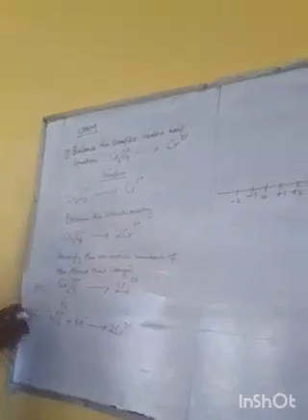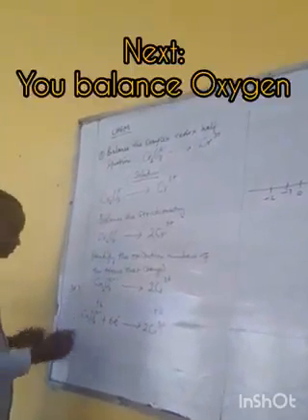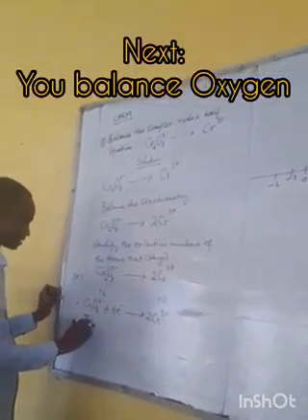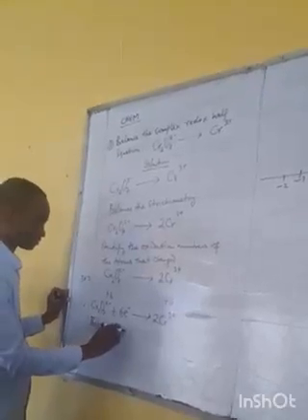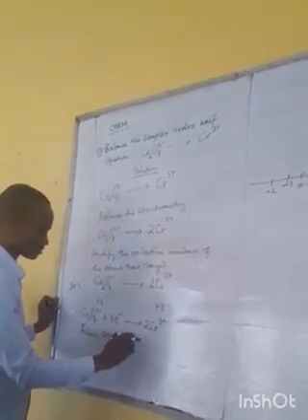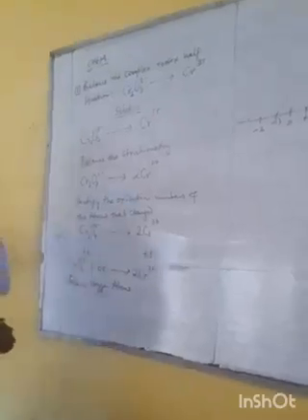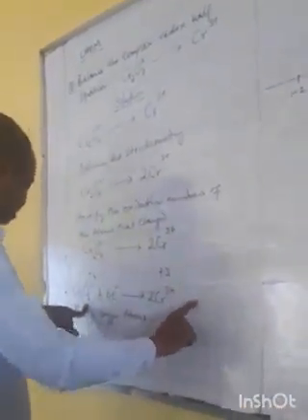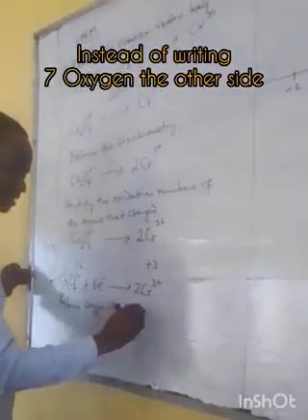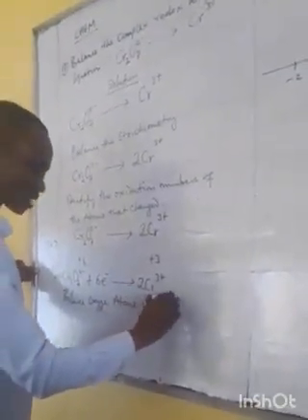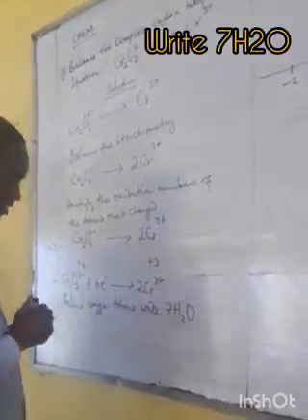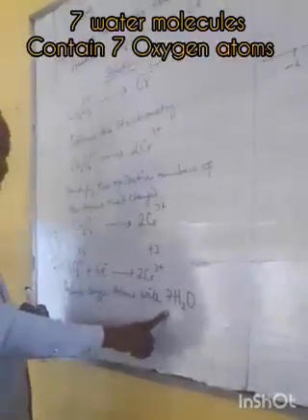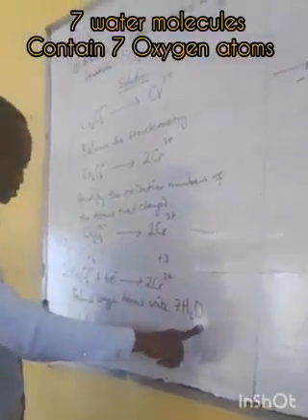Now the next is to balance oxygen. To balance oxygen atoms in a redox half equation, we check the number of oxygen here, which is 7. Instead of writing 7 oxygen on the other side, we write 7 water molecules, because 7 water molecules contain 7 oxygen atoms.